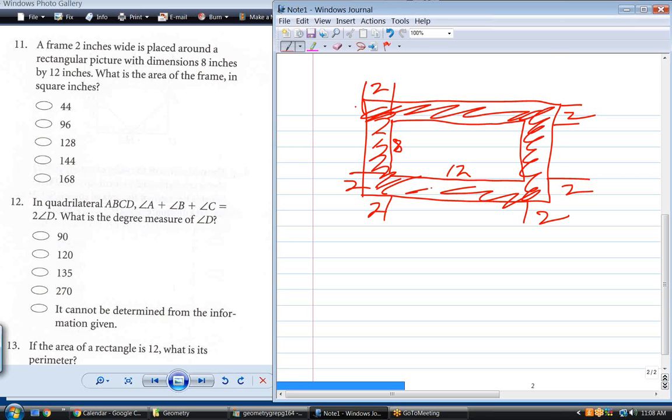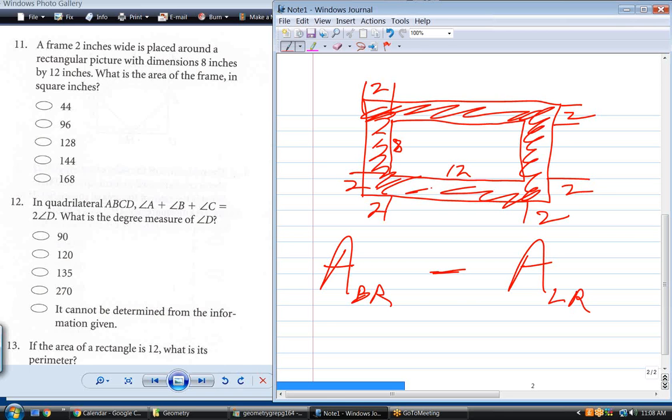In other words, we're not going to go through and figure out the area of each one of these long, skinny rectangles and that one right there. That'd be the hard way to do it. What's the easy way to do it? What is the area of the frame? It's the area of what minus the area of what? Big rectangle versus little rectangle.